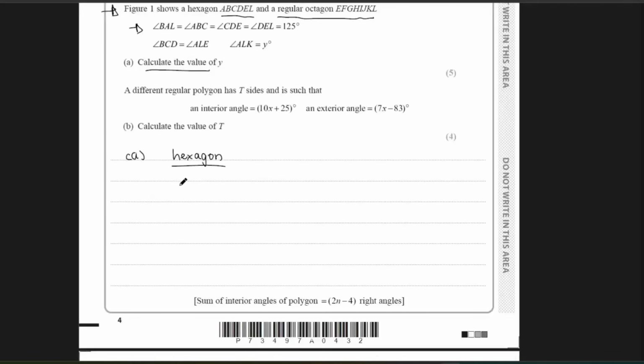In general, the sum of interior angles equals n minus 2 times 180, where n represents the number of sides. For the hexagon, that's 6 minus 2, 4 times 180, which is 720 degrees.